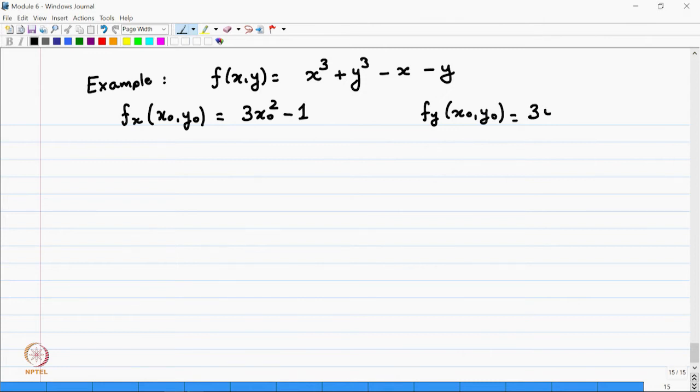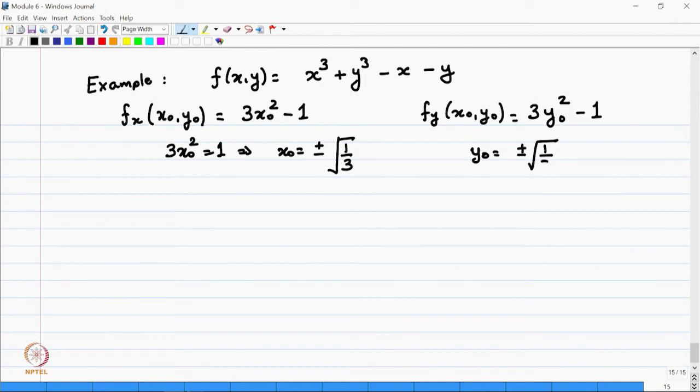The second term will give 3y0², and the term −x will not contribute. The derivative of −y with respect to y is −1. So, at the critical point 3x0² = 1, which implies x0 equals plus or minus square root of 1/3, and y0 equals plus or minus square root of 1/3. So, 4 critical points.